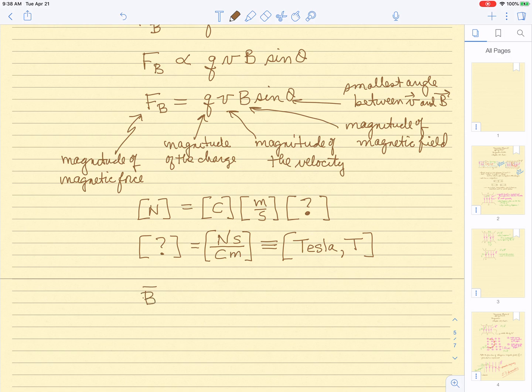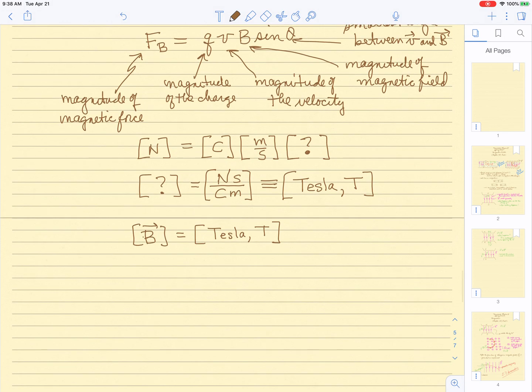So the units on the magnetic field are in units of the Tesla, capital T. And just to ground you in that unit, the magnetic field of the Earth is on the order of 1 times 10 to the negative 4 Tesla.